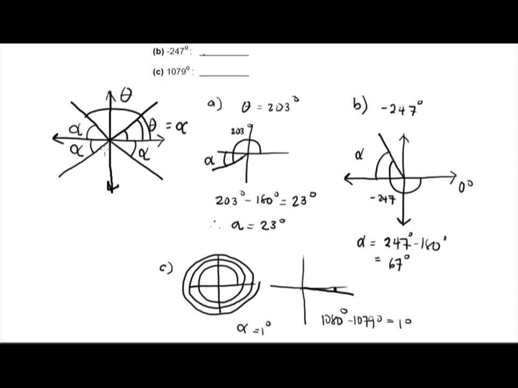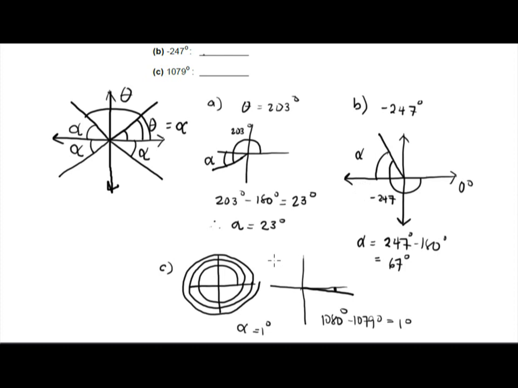So depending on the location of the terminal side, that's how you will determine the measure of the reference angle. So don't memorize it like 203 minus 180. You have to refer to the diagram and then do the proper computation depending on the location.